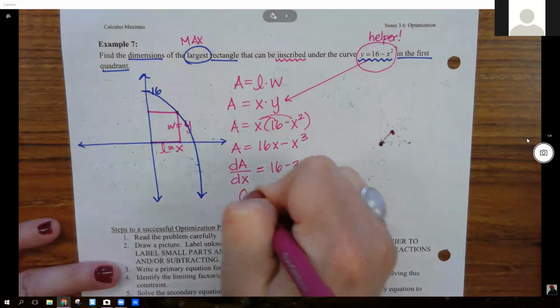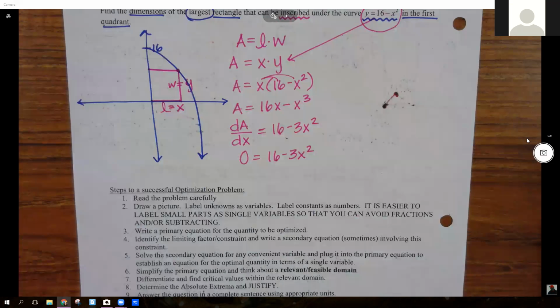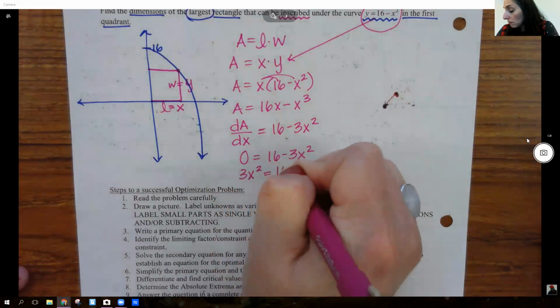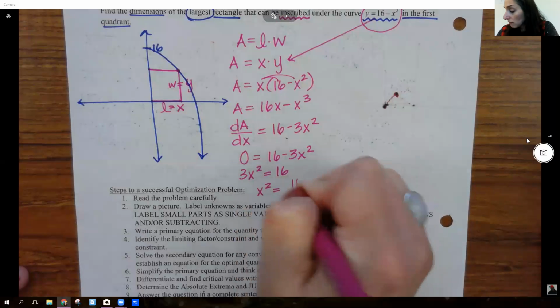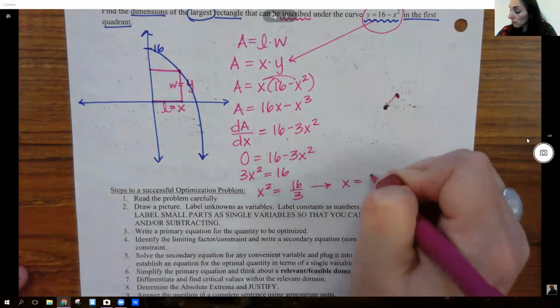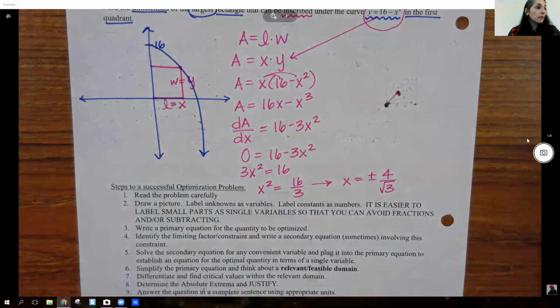Set that equal to 0 and solve for x. Take the square root of both sides. Technically, your answer would be plus or minus, but since we're working with the first quadrant only, we go with the positive answer.